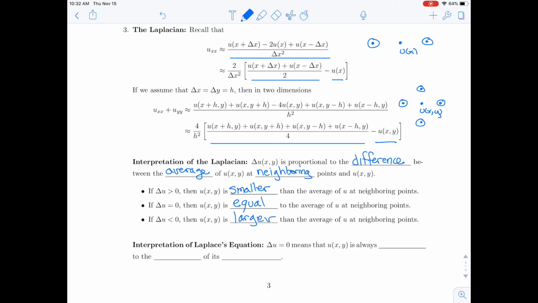So if we say the Laplacian of u is 0, that means that u of xy for all xy must be equal to the average of its neighbors.